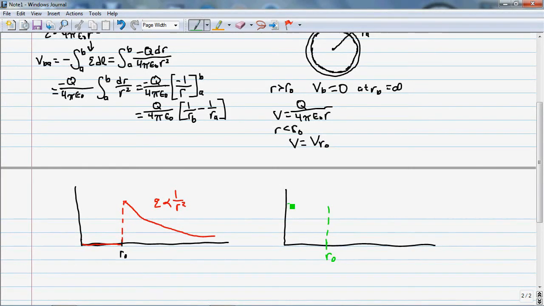I have some constant potential, and then it reduces down for 1 over r. So this is the relationship between the electric field and the potential.